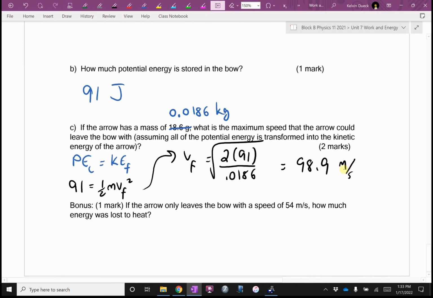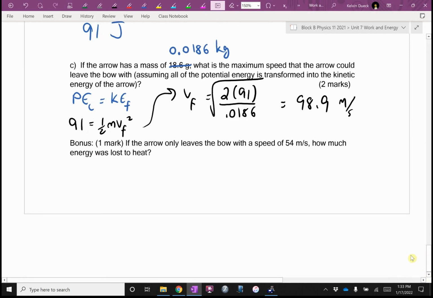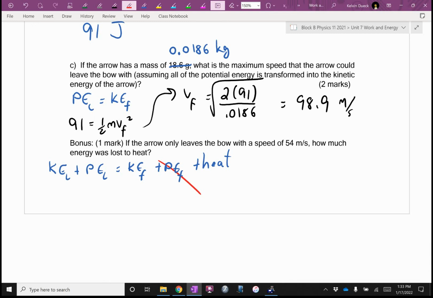Bonus. If the arrow only leaves with a speed of 54, how much energy was lost to heat? Okay. Now let's go full conservation of energy. I think my final potential energy is 0 because it all got used up when I let go of the string. It all got transferred to the arrow. The bow no longer has stored energy.